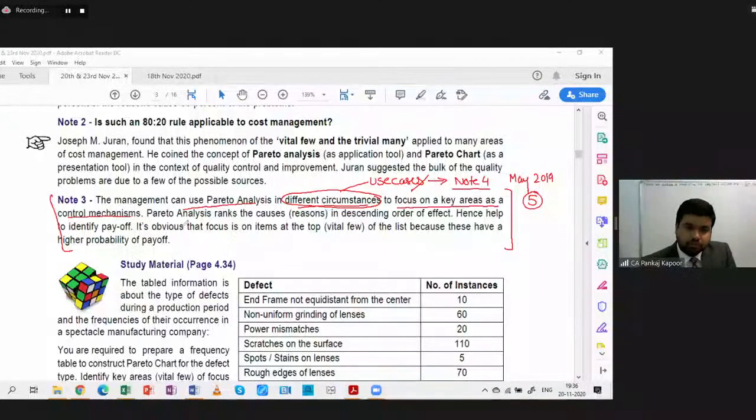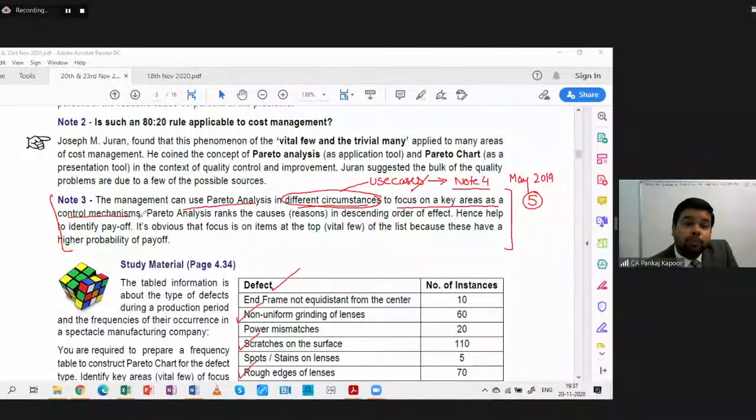Okay. So read this line again. The management can use Pareto in different business circumstances to focus on the key area. We are not looking at all the areas of the defects. Like in this question itself, we look only at the 3 areas: the scratches, the rough edges, and non-uniform grinding of the lenses.